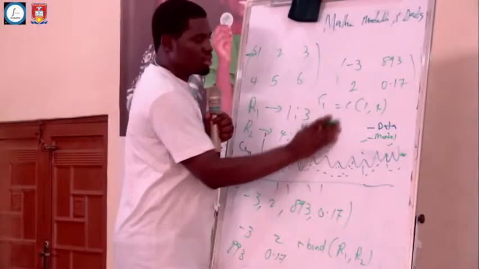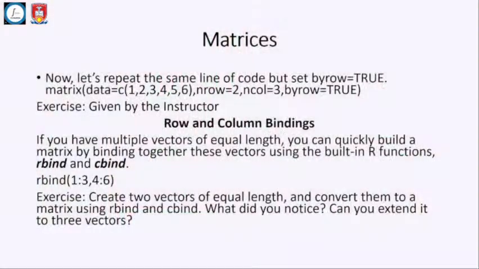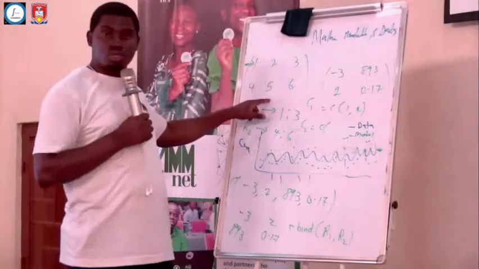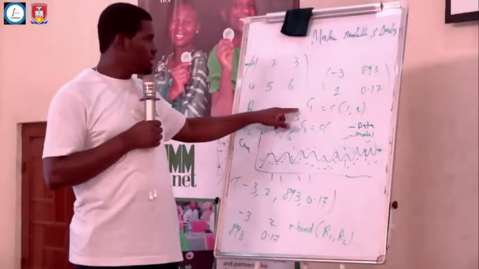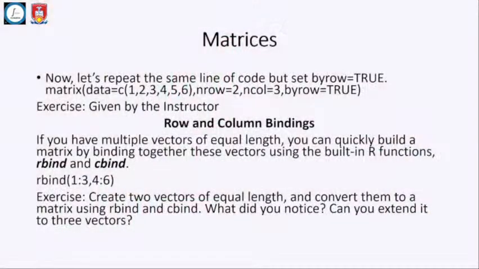So you have finished it, tell me what you have. Please, in the next one minute, let's get that done. So column 1 is 1, 4; column 2 is 2, 5; column 3 is 3, 6, right? Now, column bind everything, or bind everything column wise.